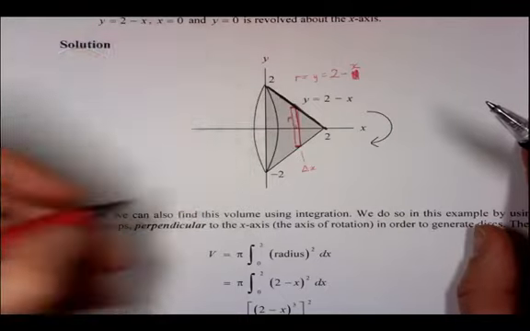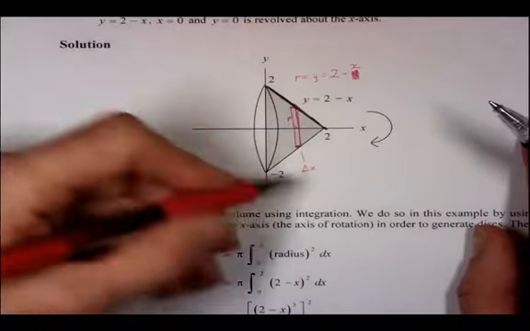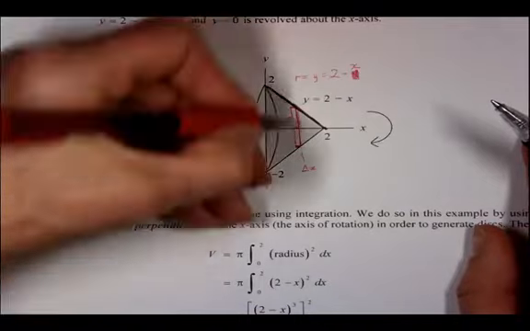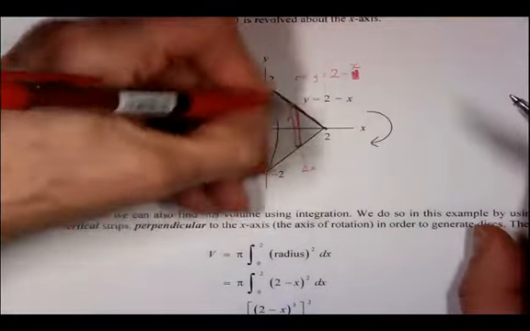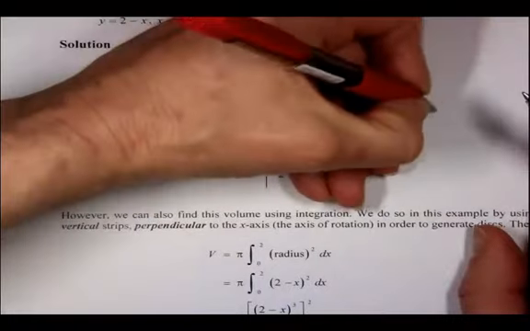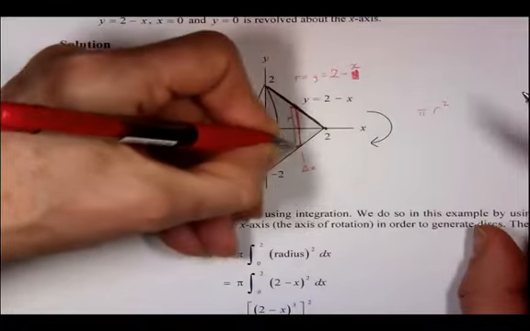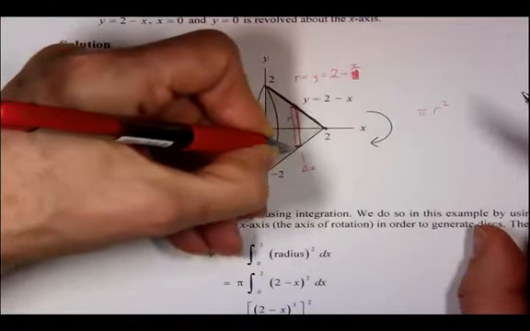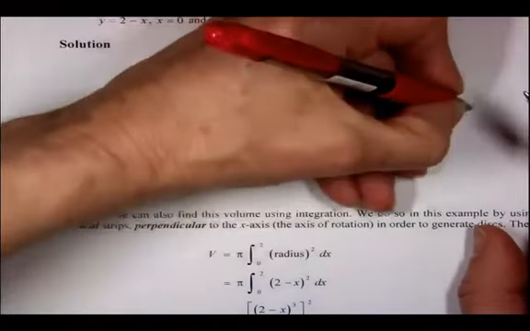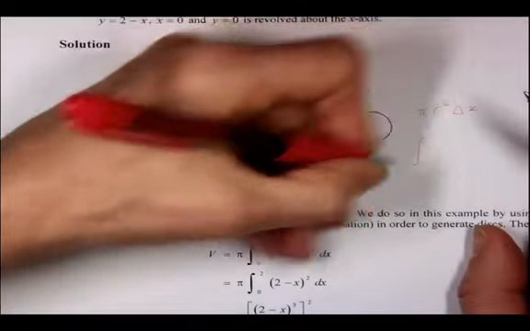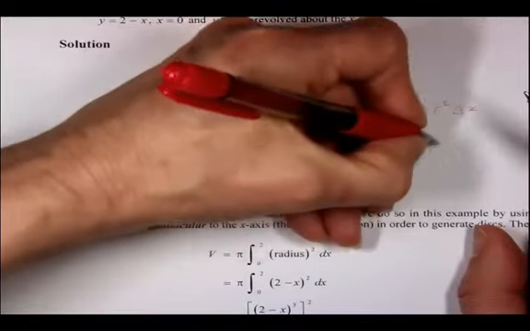Okay, so what am I doing? I'm summing up the volume of the disc. What's the volume of the disc? It's base times height, pi r squared times height, or sort of width the way it's drawn here, delta x. So when I integrate in the limit, I've got pi r squared dx.